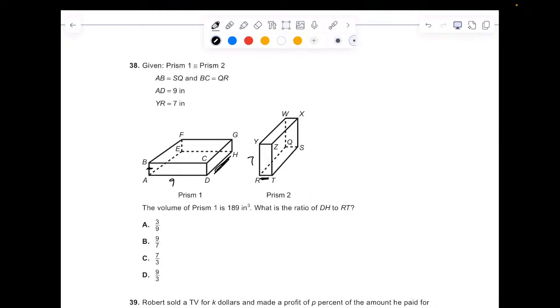So that is equal to this. BC is equal to QR. Alright, I'm trying to get these to fit in my head.